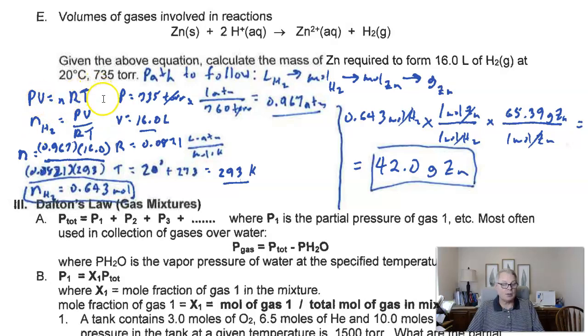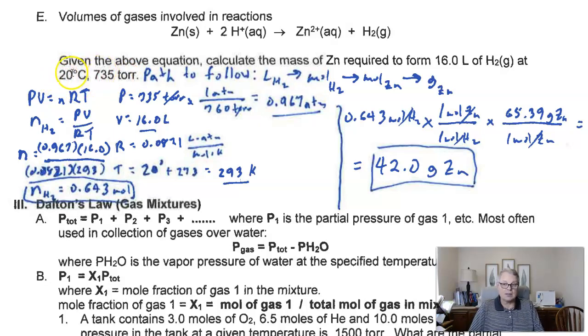If you were given the number of moles and you were trying to figure out how many liters of hydrogen gas you were producing, you do the same thing. You just solve for volume. You divide both sides by P, and so nRT over P would be equal to volume. But see, this stuff that they just kind of threw in at the end is kind of a tagline. They tried to sneak it by you.